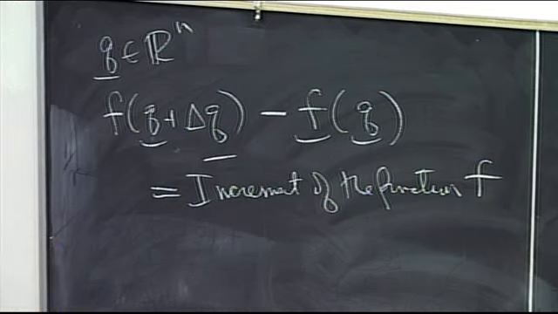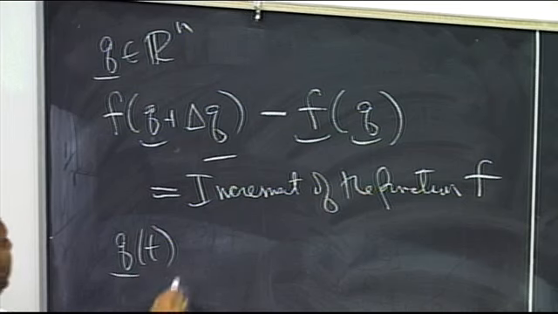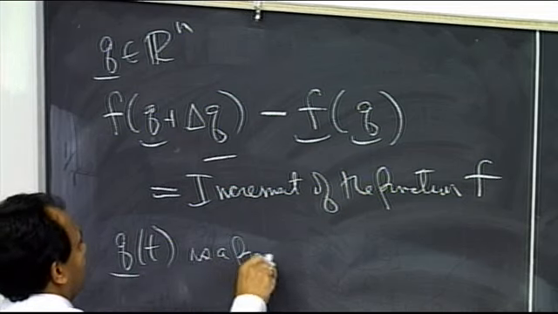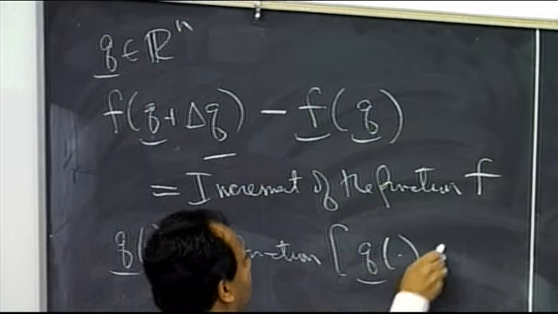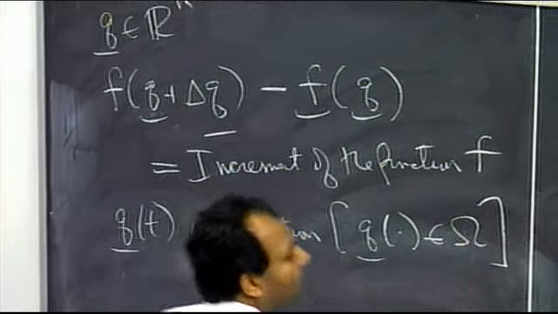Now, the next thing I do is I say this. Suppose I have Q of t is a function. So what I'm saying is that Q of dot is an element of this set omega.